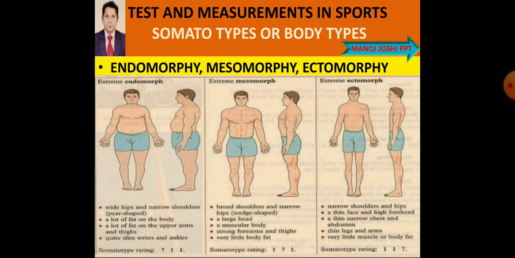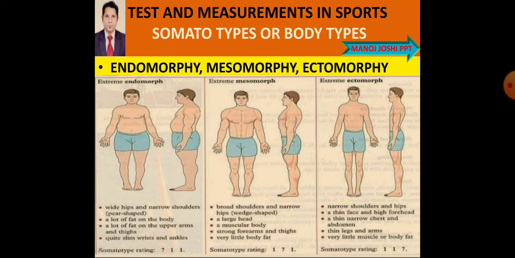The extreme mesomorph we can see in the middle picture, the second one. The extreme mesomorph has broad shoulders and narrow hips, so this is known as a wedge shape, or also the athletic body type. The second characteristic is a large head and a muscular body.